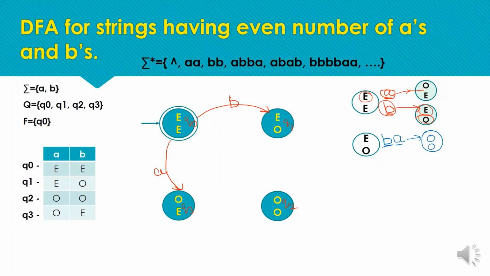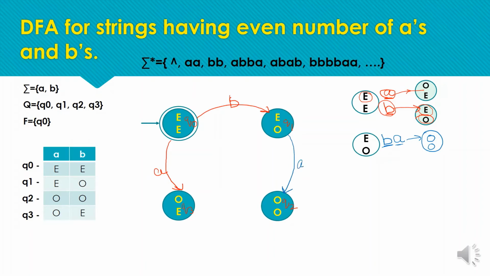So we have to move to a state with an odd number of A's and odd number of B's, and here is the resulting state.